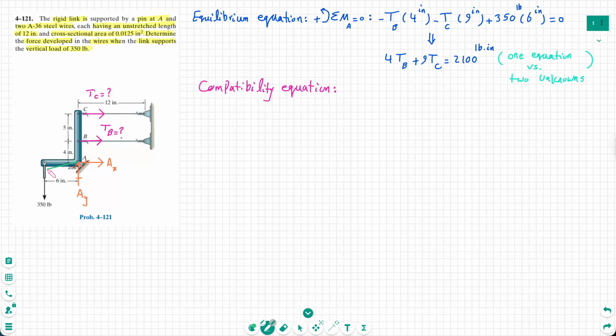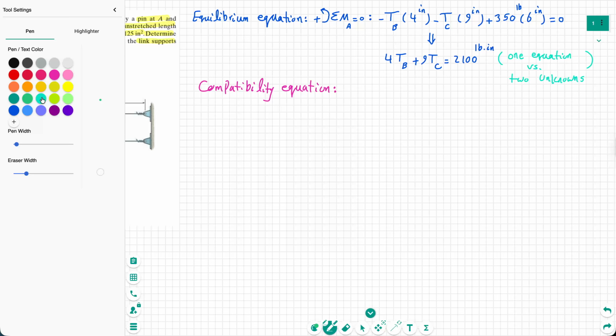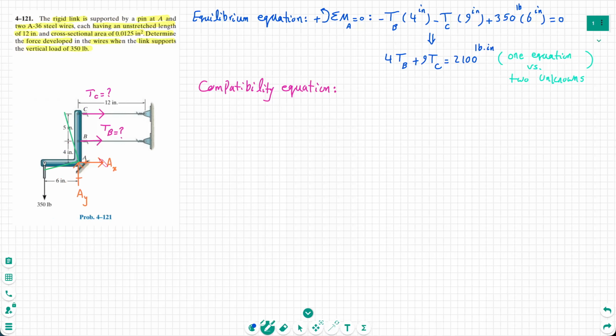The deformation of the link would be like this. Again, I don't use any scale, but I just want to show you the deformation of the structure, this rigid link, and I can use this to show the delta x and delta y.